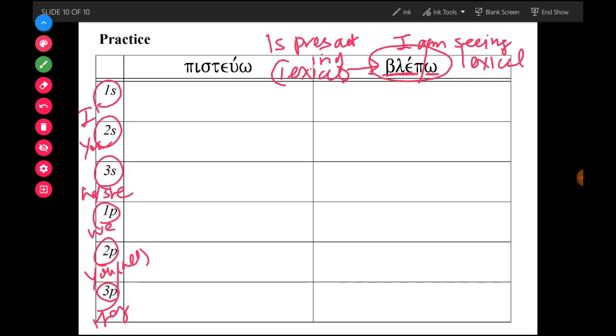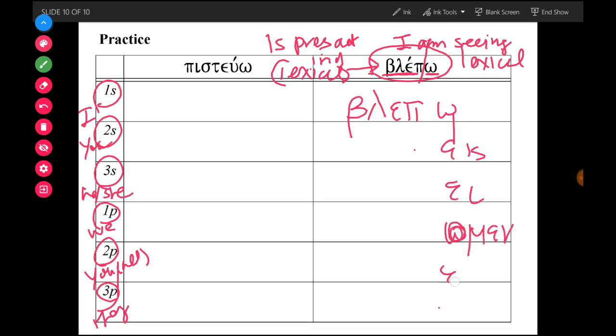If I want to show those forms, I would take the stem, blep, and I would combine it with the suffix o, eis, ei, omen, ete, ousi, or ousin.